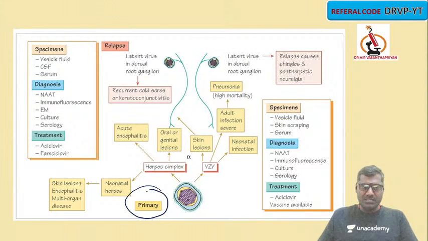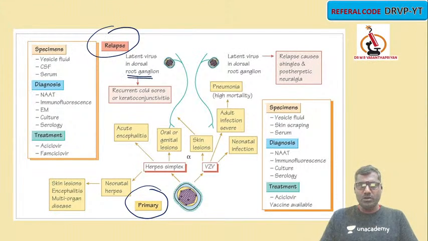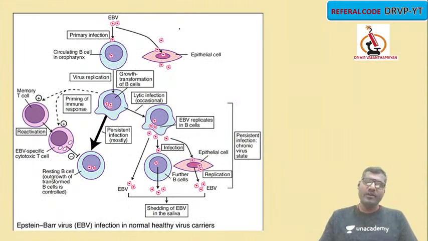Primary lesions are self-limiting, while reactivation will be from the dorsal root ganglion. In all three, HSV1, HSV2 and varicella, it is more severe and always necessitates acyclovir therapy. Even zoster is treated with acyclovir, 800 mg in divided doses, similarly with HSV1 and HSV2.